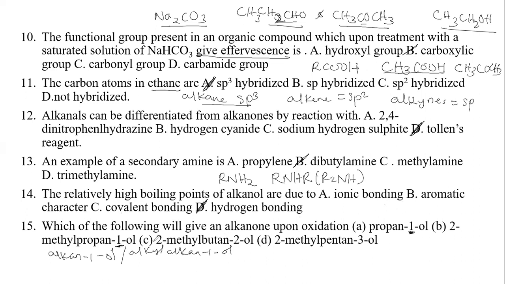Now, option C, what type of alkanol is option C? 2-methylbutan-2-ol. This one is going to be a tertiary alkanol because the position of the alkyl group and the position of the OH is the same.